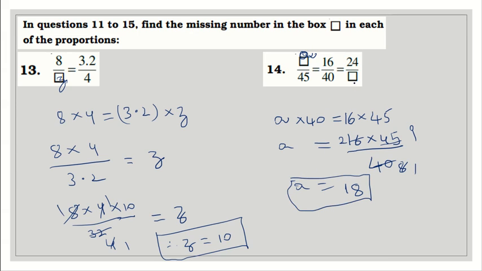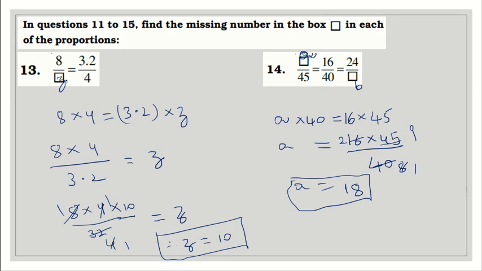Similarly, you can find by assuming it as B, and 16 times B equals 24 into 40, and B is equal to 24 into 40 upon 16.